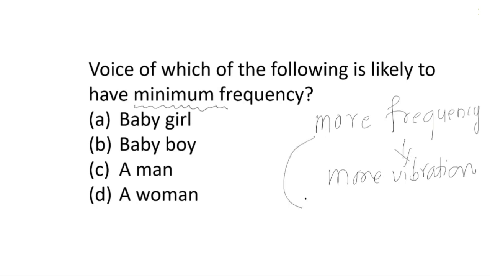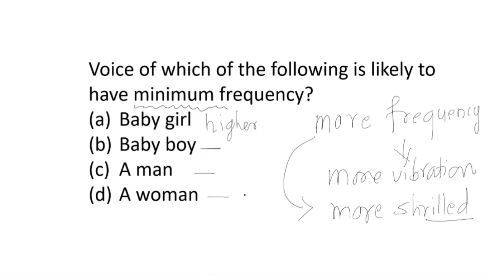High frequency voice is more shrilled voice. Now tell me, whose voice is more shrilled? It has to be a baby girl. So baby girl has a very high frequency among these options. The next one may be baby boy, the third may be a woman, and the fourth may be a man.